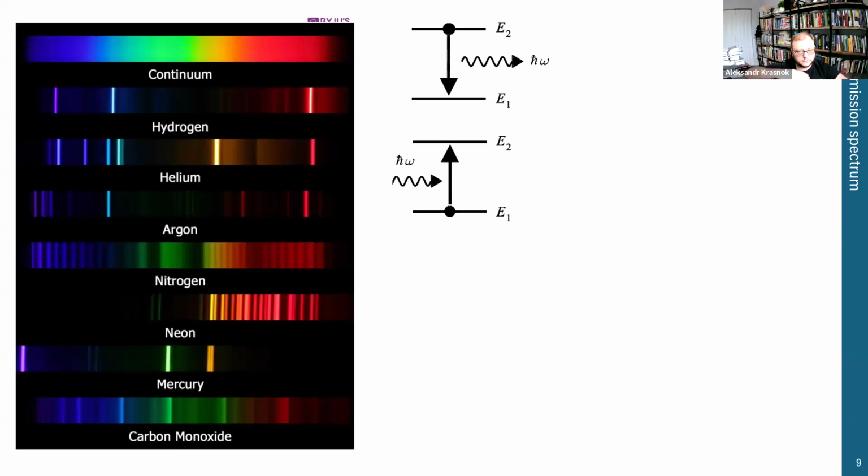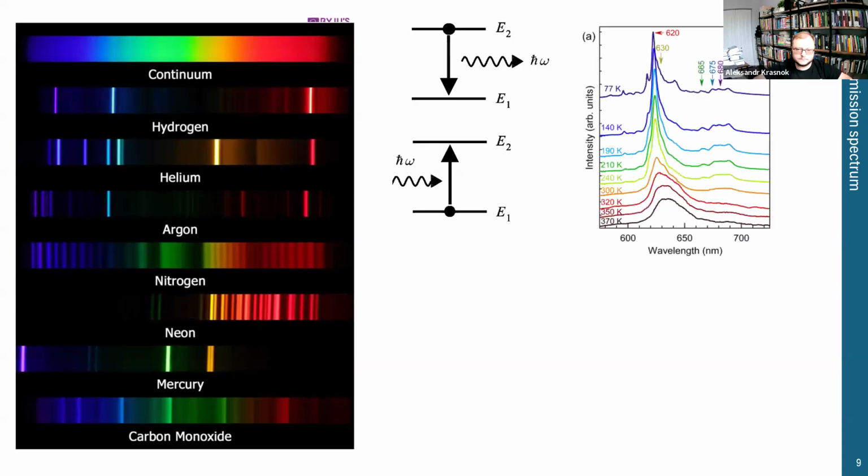We can excite these energy transitions, and the atom can re-emit light back because of this spontaneous down transition from the excited state to the lower final state. It depends on many factors, and one of the main factors is temperature.